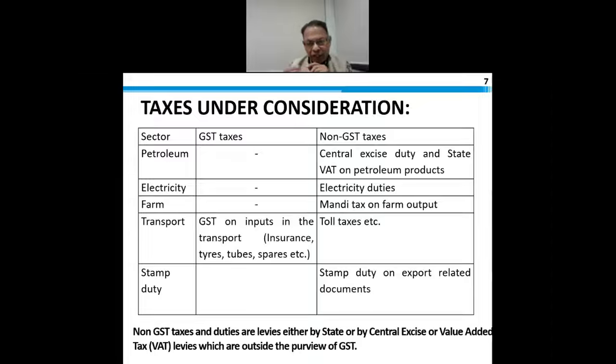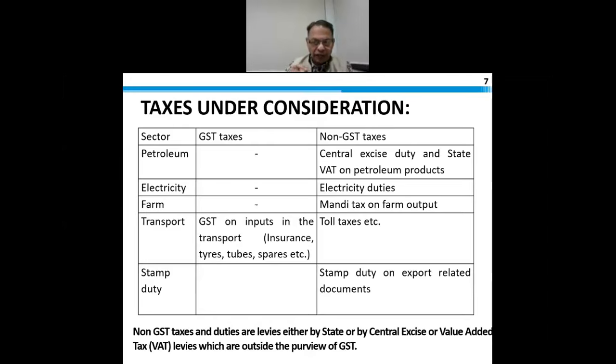Secondly, some petroleum products which are subjected to excise duty or state VAT are used as raw materials for the purpose of manufacturing of derivatives or end products. So energy consumption or actual consumption is one aspect. The second aspect is far more critical. That is excise duty and VAT.